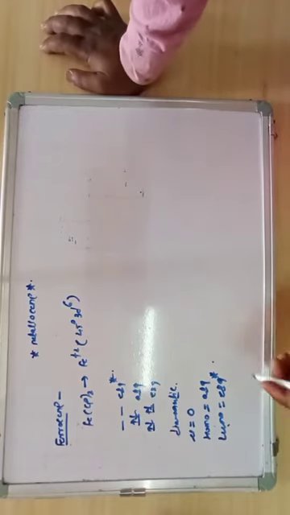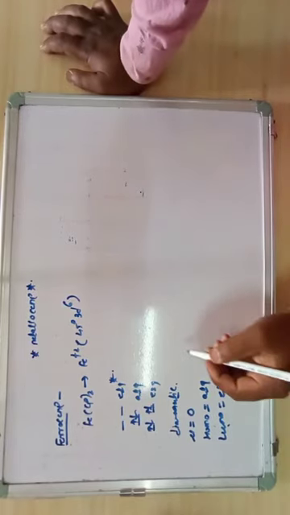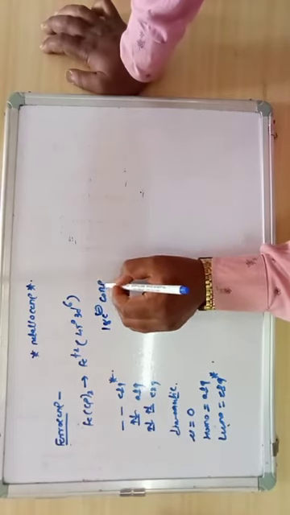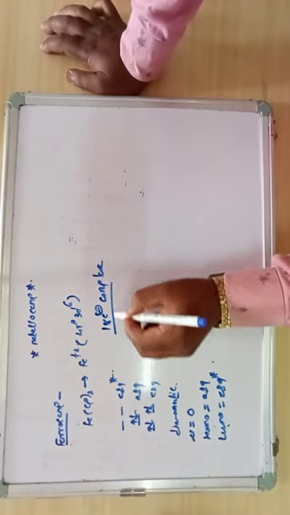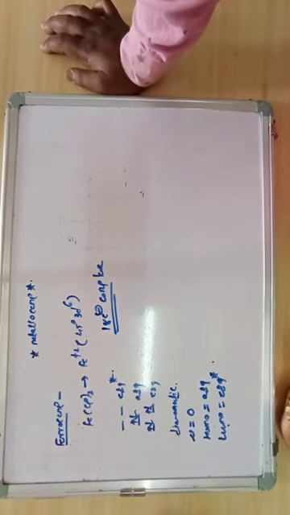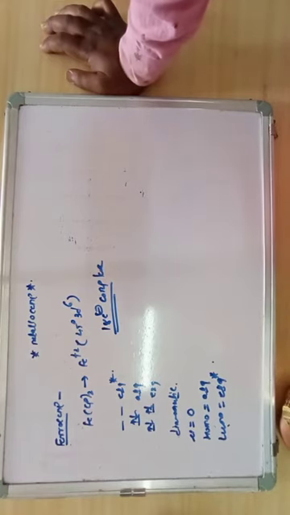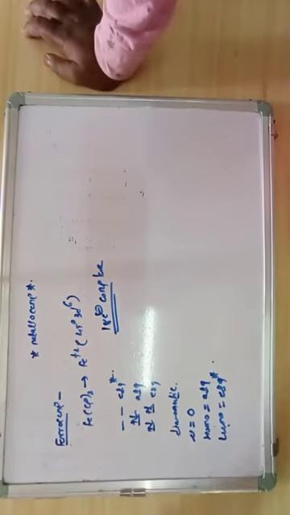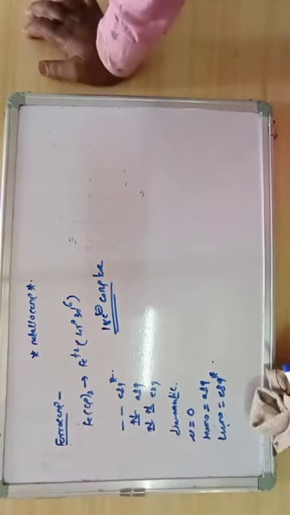So it is an 18 electron complex. Not all metallocenes are 18 electron complexes. Ferrocene, cobaltocene, and nickelocene are generally 18, 19, and 20 electron species, but less than 18 electron complexes are also possible. So not all metallocenes follow the 18 electron rule.